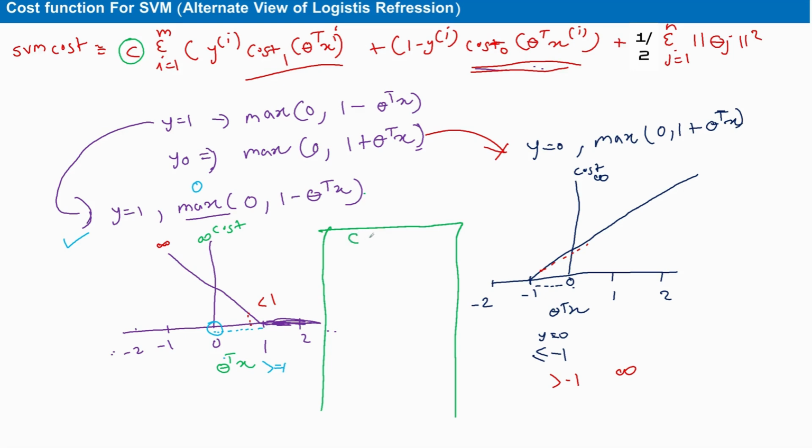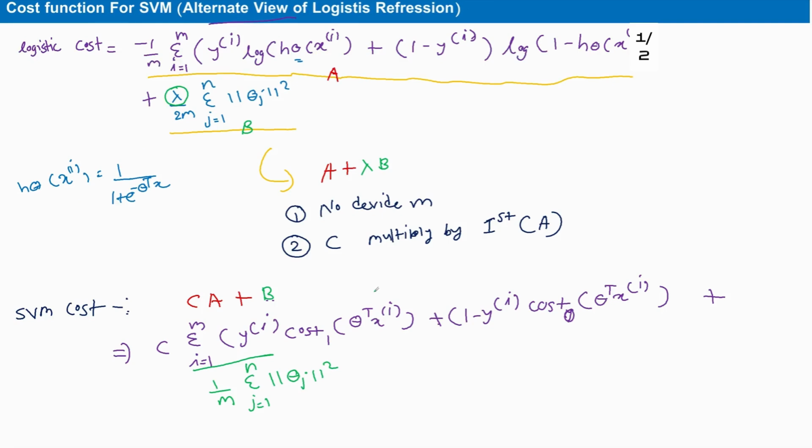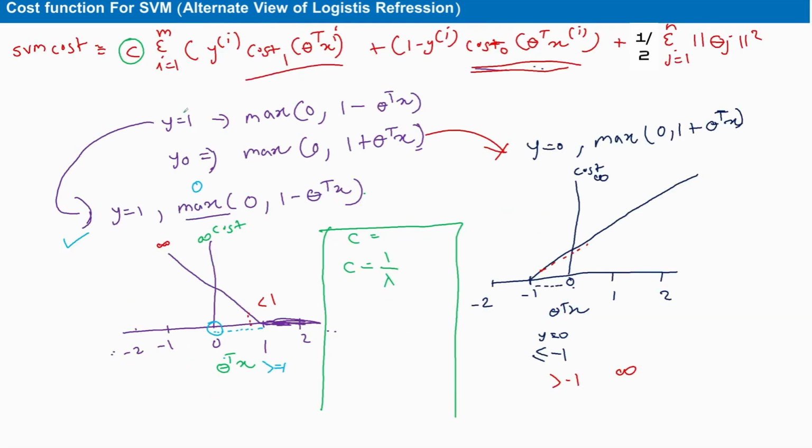Okay, for the C term, this C term is inversely proportional to the gamma, whatever term we are using inside the logistic cost function. So this C term is inversely proportional to the gamma, which means it has the reverse properties of the gamma.